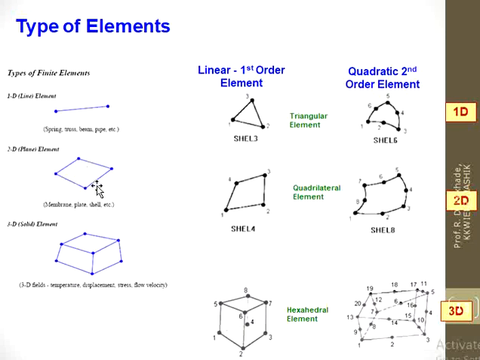So quadratic element with 4 nodes, first order. In second order, only nodes are increased, so 4 element and 8 nodes.